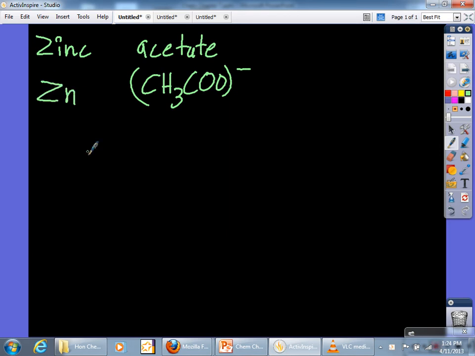Zinc. And again, in this one, based on the previous example, I'm going to assume zinc is +2. That's just what I'm assuming. Normally, if you assume it's +1, that's fine. That's okay. I understand why. I'm just saying I'm going to assume it's +2. What if we saw zinc on the test? What would we do? If you saw the name zinc acetate and didn't have a Roman numeral, you assume it's 1.